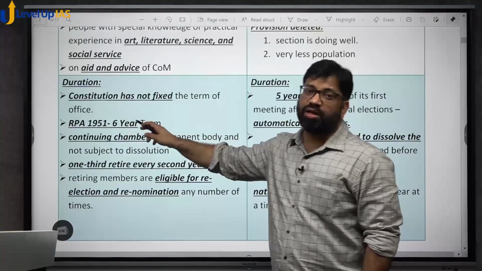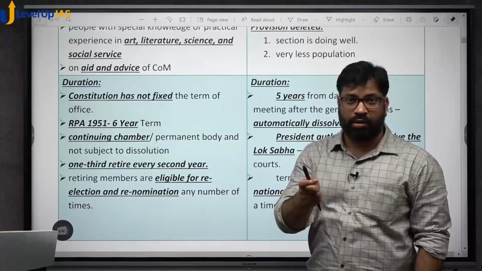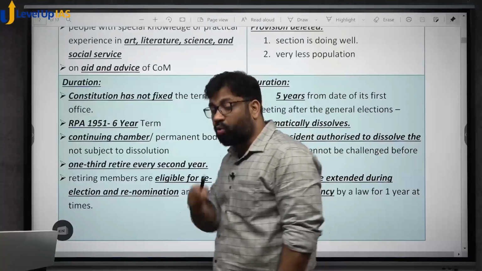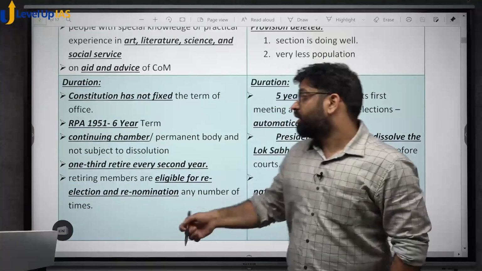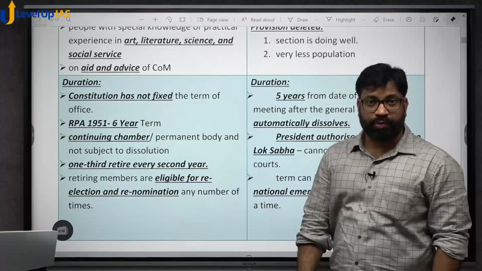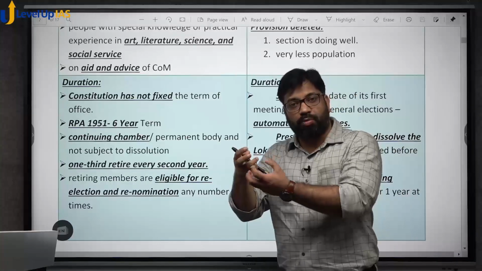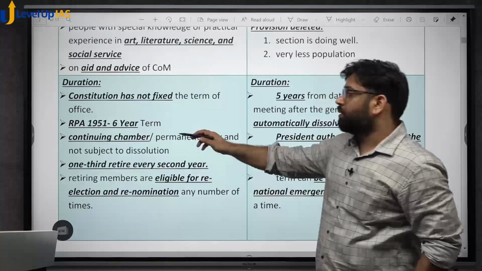They have fixed the term of Rajya Sabha at 6 years for a member. Now the House is a continuing one. The members change. How do they change? Every 1/3 retire every second year. Once in 2 years, 1/3 of the members will retire, and then new members will come in.